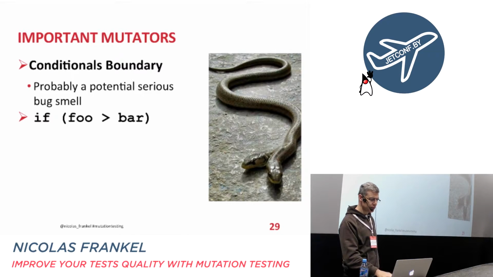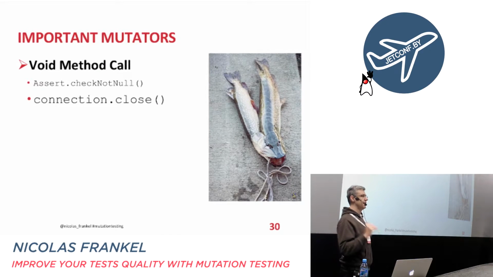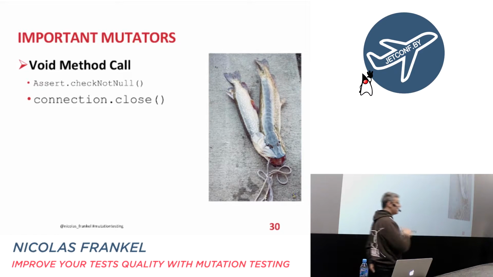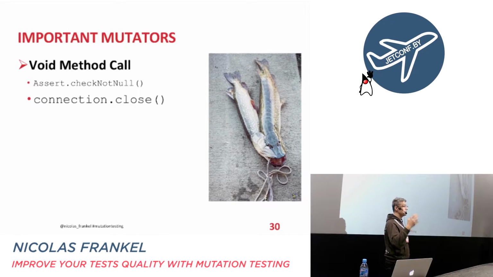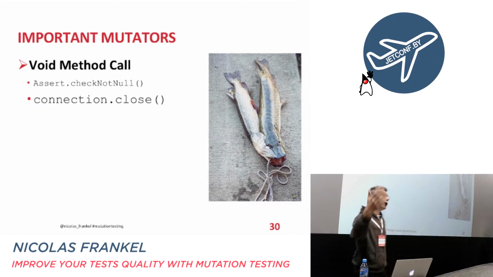Also something very stupid, but which is never tested, at least I've never seen it tested, is void method calls. Basically, you can have this assert check not null, because you want programming by contract, so you say, okay, I will add checks that the parameter is not null just at the start of my method, so that in the rest of my method I'm sure it's not null or positive or whatever.